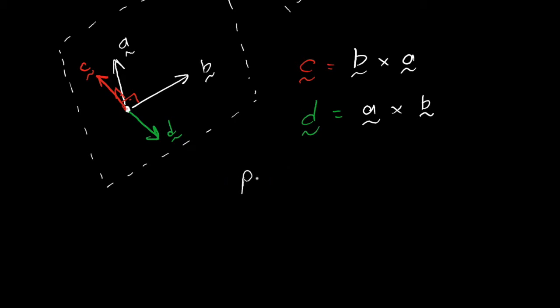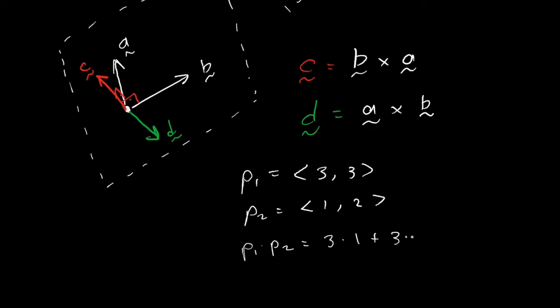Because for dot product, let's say we have P1 equals 3, 3, and then P2 equals 1, 2, then P1 dot P2 is going to be 3 times 1 plus 3 times 2, which is 3 plus 6, which is 9.